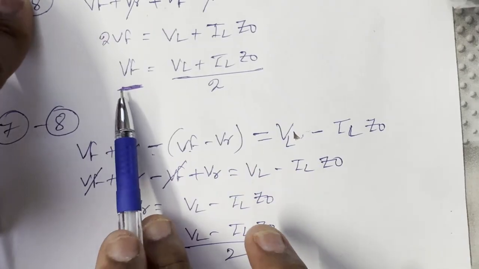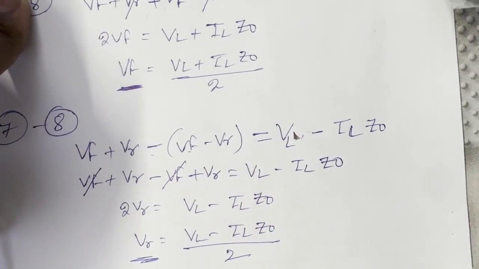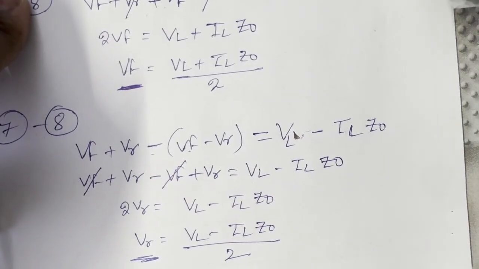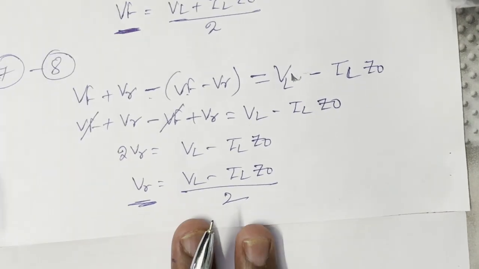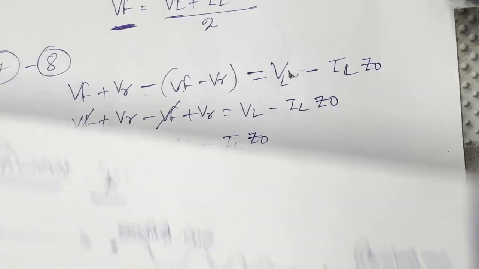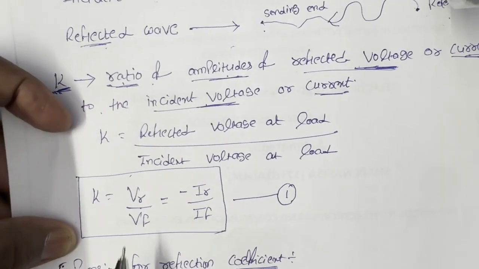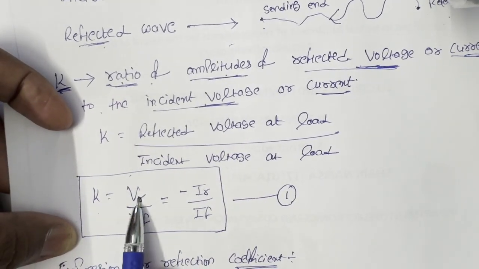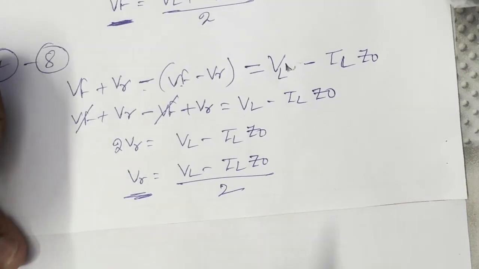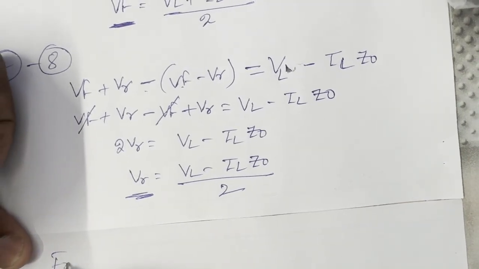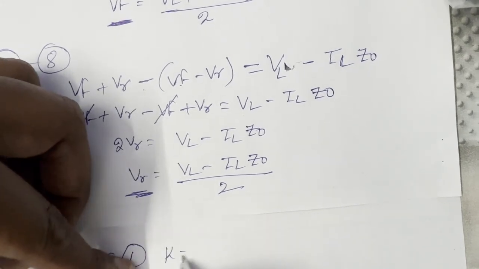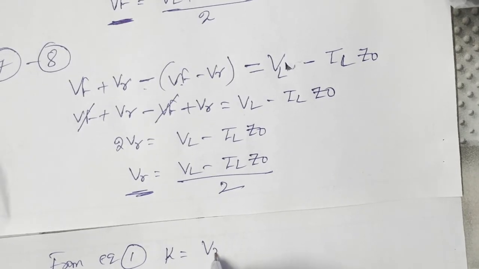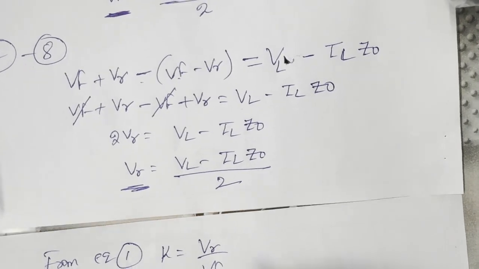Now we have Vf and Vr. So finally we have to calculate the reflection coefficient. We have already defined the formula for reflection coefficient, from equation 1: K equal to Vr by Vf.